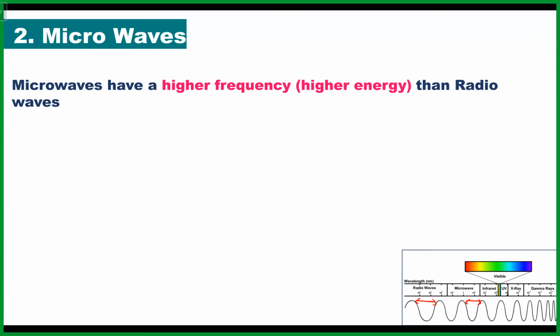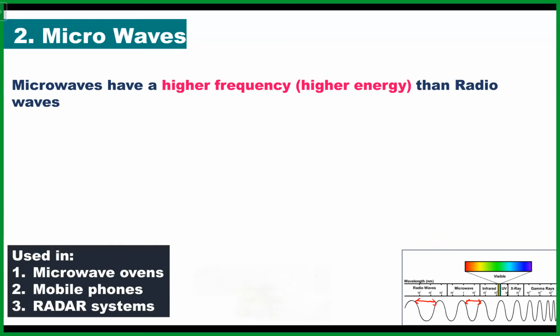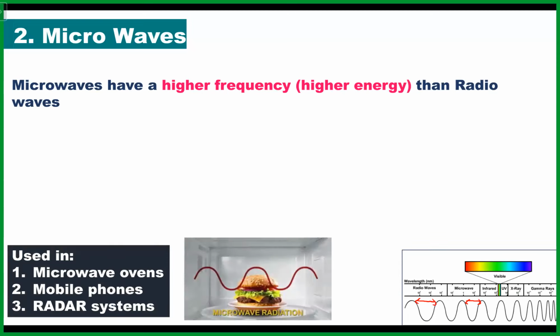Now, when thinking of the uses of microwaves, the first thing that would probably pop up in your mind is the fact that microwaves are used in microwave ovens. Now, we all know how microwave ovens work. We usually use microwave ovens when we have a food item which is cold and we want to heat it up. So we just put it in the microwave oven for a couple of seconds or minutes.